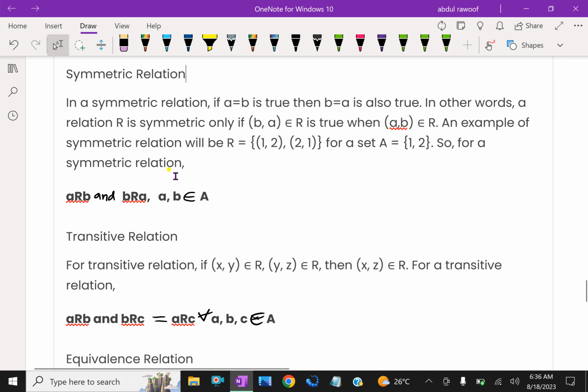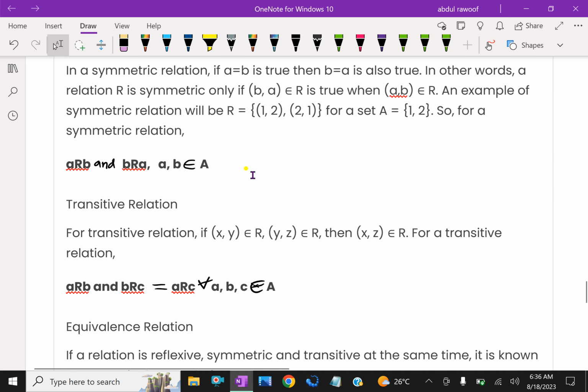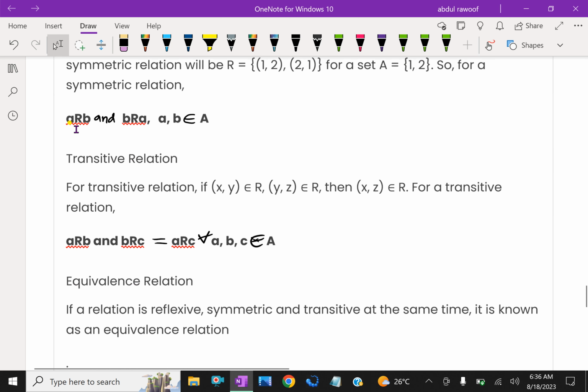An example for the set {1, 2}: 1 is related to 2 and 2 is related to 1. The definition is a related to b and b related to a, where a, b are elements of A.